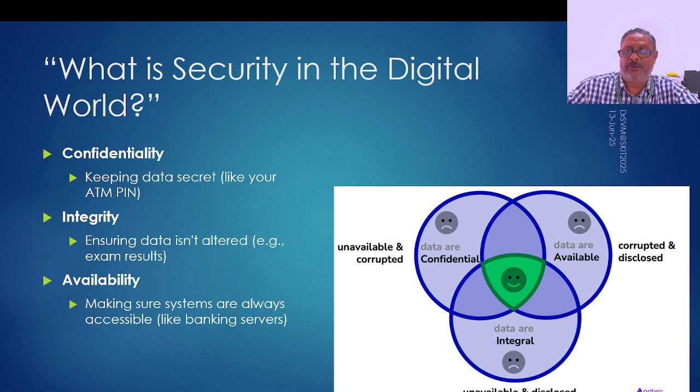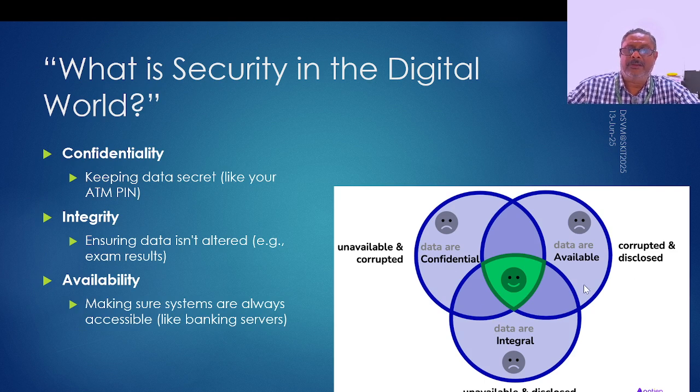It may be disclosed or it may be unavailable, but we guarantee that the data is not tampered with. On this side, we ensure that the data is always available, but we can't guarantee the confidentiality of the data, which may be disclosed, or the integrity of the data, which may be corrupted.